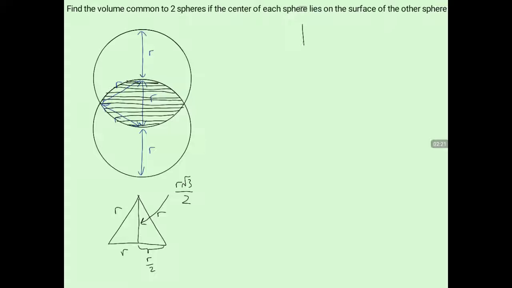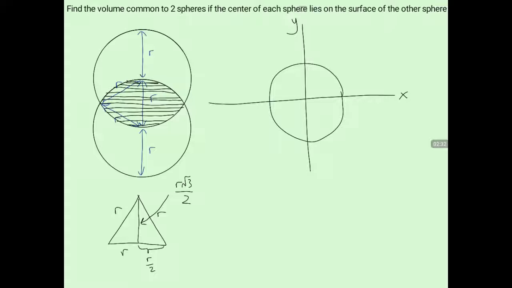So let this be the x-axis and this be the y-axis. If we draw out one of these circles, then what we're going to get is a circle with the equation x squared plus y squared equals r squared.